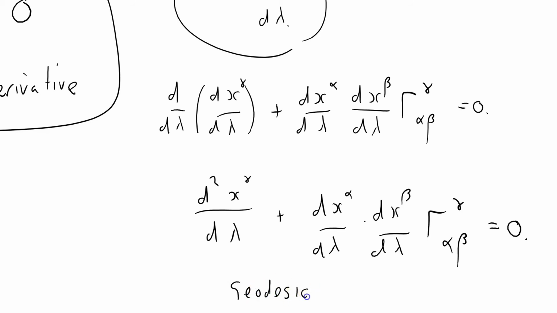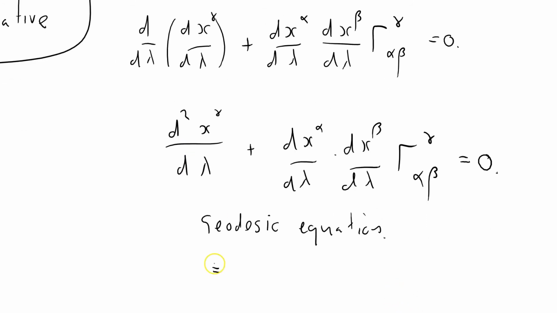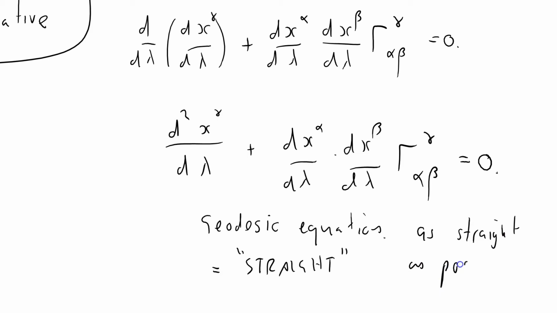Or one of them, there are other ones I can use. Geodesic equation equals definition of a straight line. Straight in scare quotes. What it means is as straight as possible in your surface. Okay.